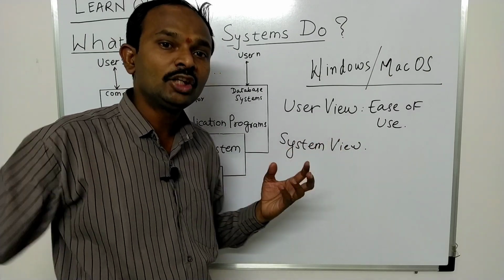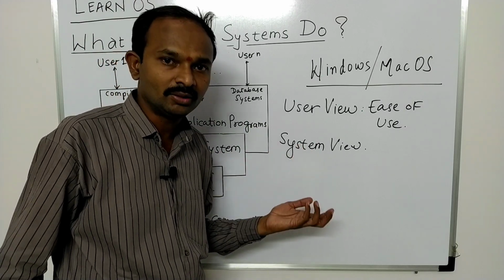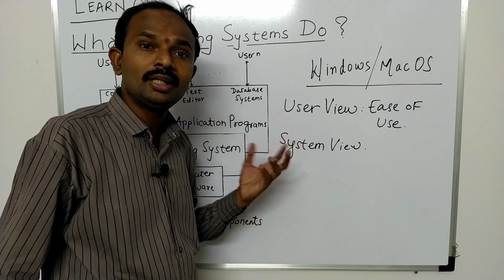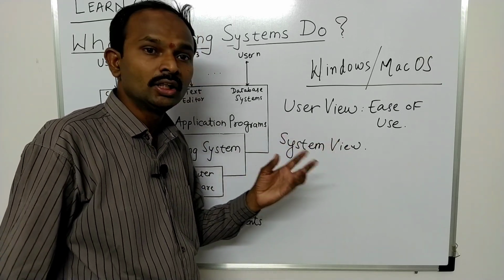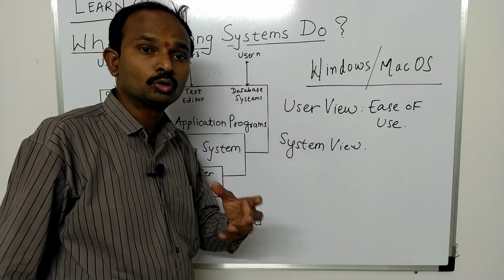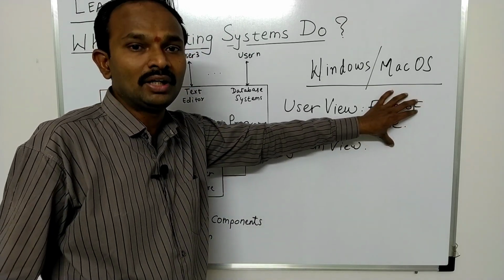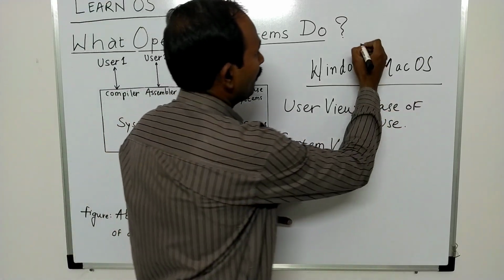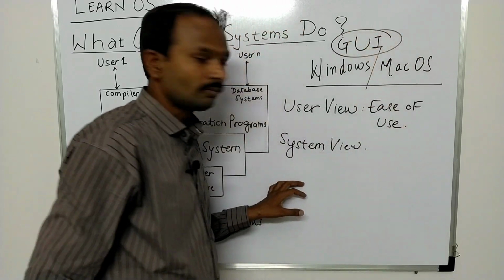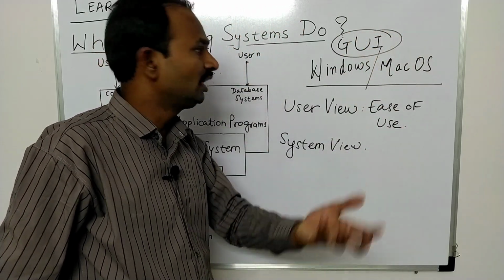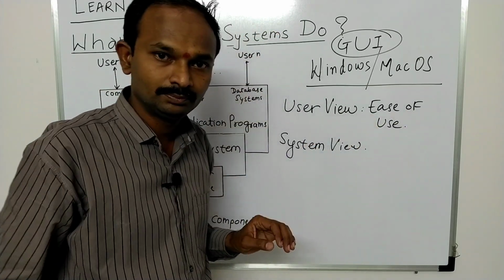Whenever I am handling any operating system, let us say on my mobile phone I am handling the Android operating system, what I generally prefer is ease of use. Whatever activities I am doing on that mobile phone using that operating system, that operating system should be very user friendly. The graphical user interface of that operating system should be very, very user friendly. So this is the user view for an operating system.